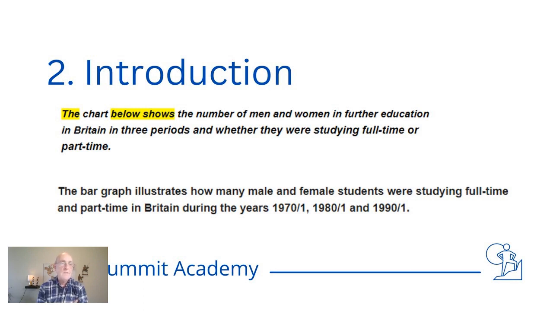The bar graph illustrates how many male and female students, so I just took men and women and said male and female, were studying full-time and part-time in Britain during the years 1970-71, 1980-81, and 1990-91. So instead of saying 3 periods, I actually mentioned the 3 periods.